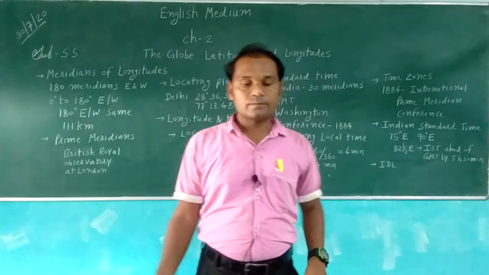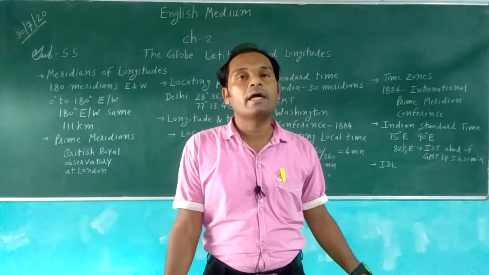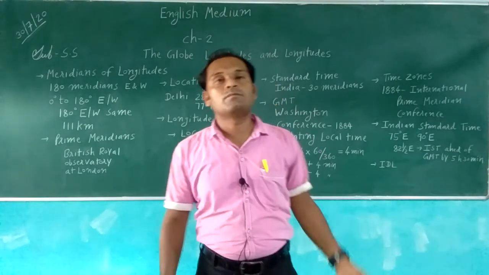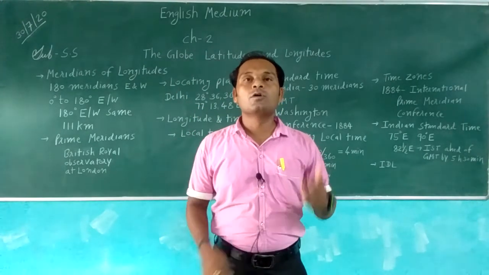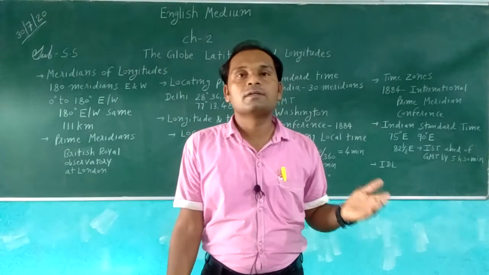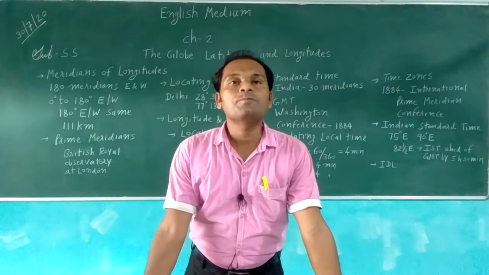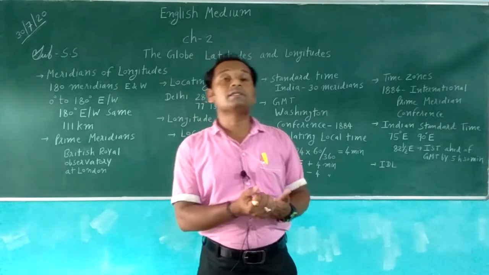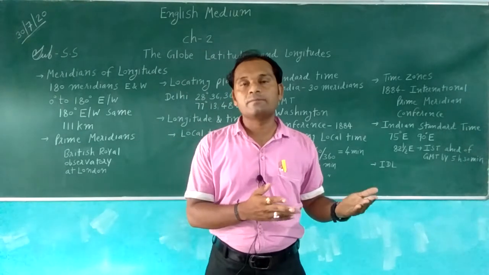Time zones. It is very difficult to decide time. About 100 years ago, the people of local places followed the local proper time, whatever was set by their clock. But there was a problem: a country is divided into many meridians, and all meridians have different times.